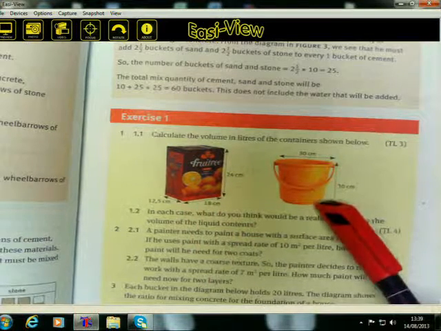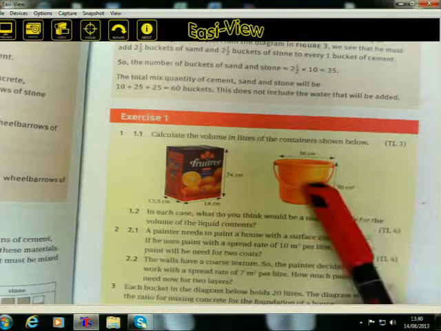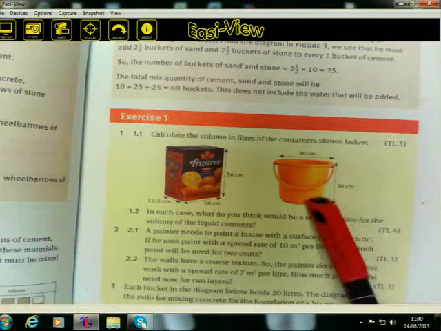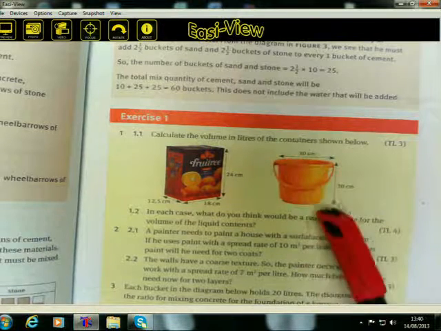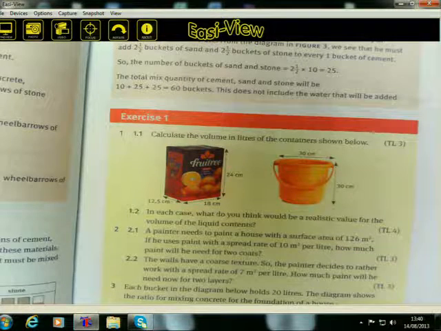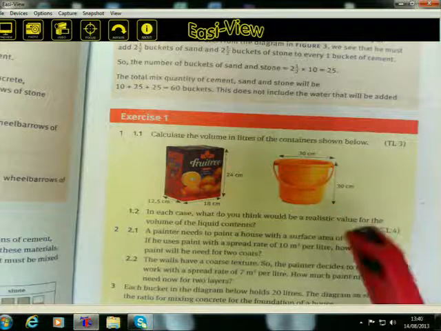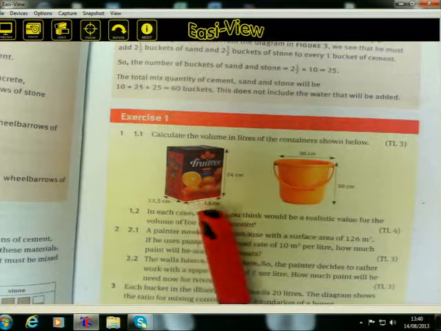The second container, we always call it a cylinder. Why a cylinder? Because the base is round and also the top will be round. Once the base is round and the top is round, we refer to that as a cylinder. But let's first look at calculating the volume for a rectangular prism.